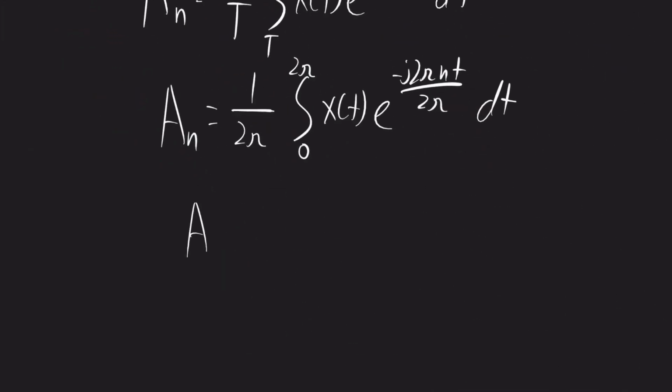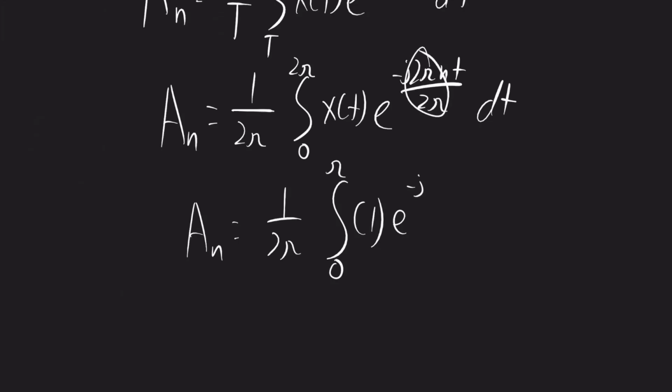So we can write this as 1 over 2 pi times the integral just from 0 to pi, and x of t is always going to be 1 in this region. So it'll just be 1 times e to the negative j, and here we have 2 pi over 2 pi, that'll just become 1, and then times n times t.